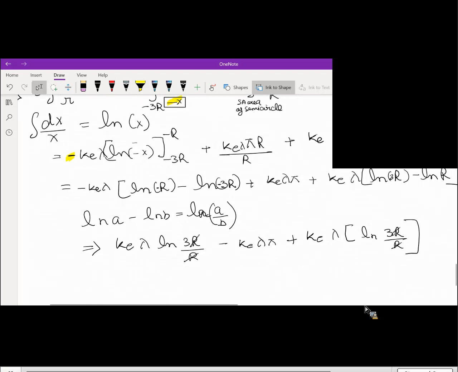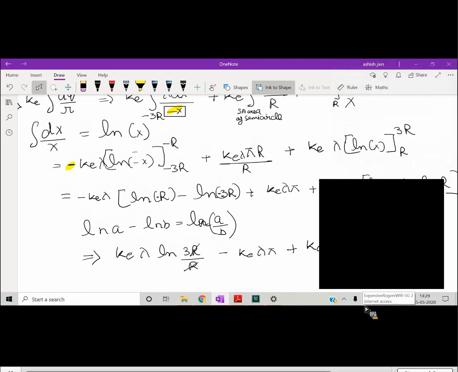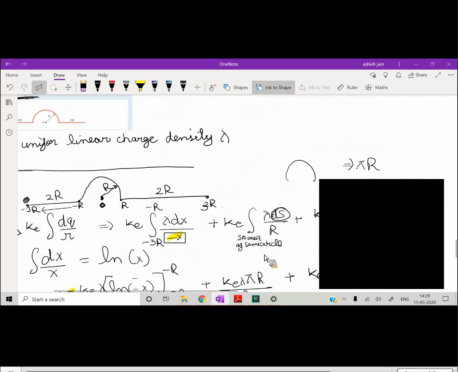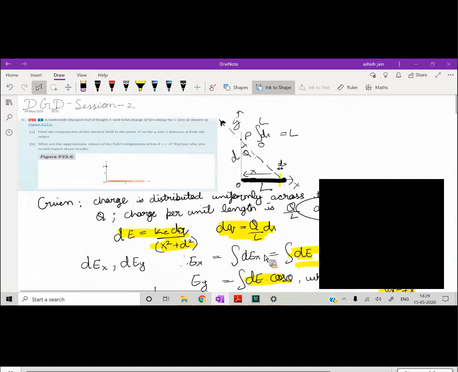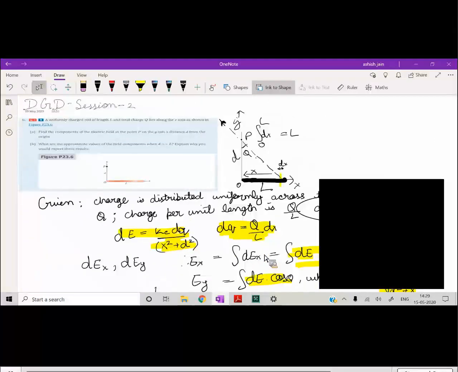Okay, so let me conclude today's session. In today's session, we learned about Gauss law. We learned about potentials. And we looked at certain continuous charge distribution problems, Gauss law problems, and potential. Most importantly, we learned that in every physics problem, we always start with the given and then we try to infer the physics out of it.